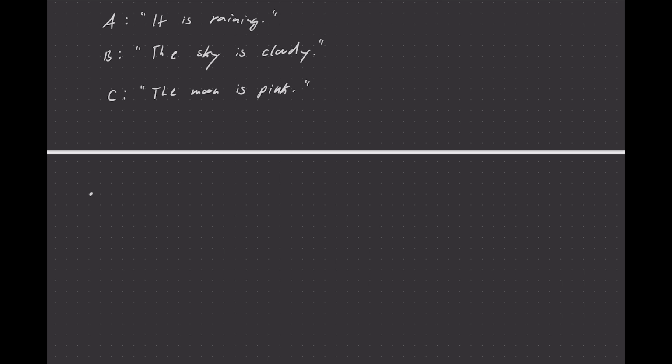First one we're going to look at is this implication A implies B. Meaning, if it is raining, then the sky is cloudy. And that is usually a true statement, at least I hope it is.